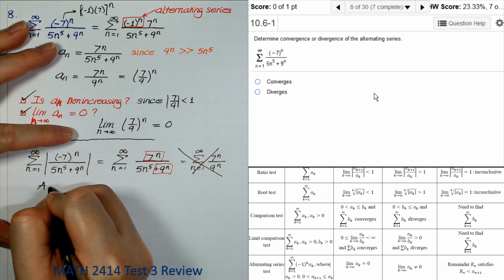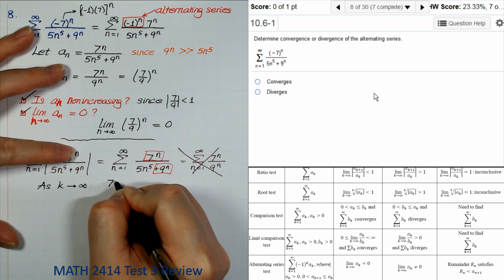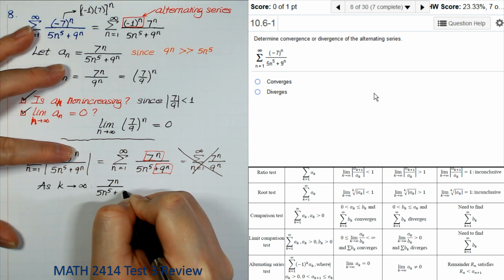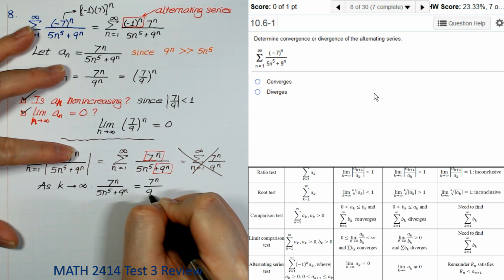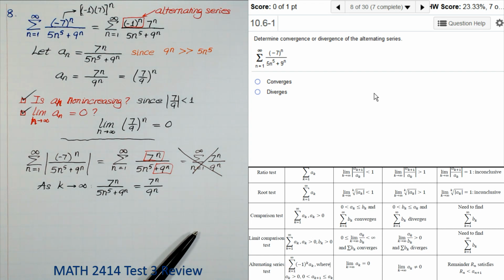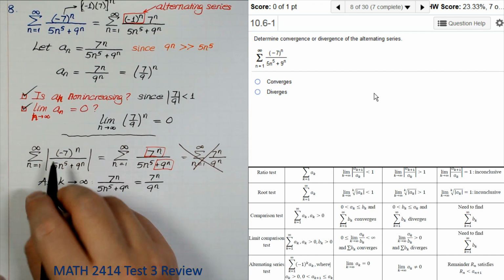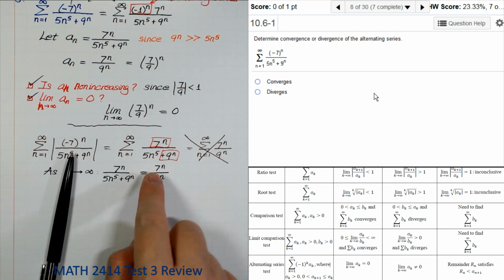So we take the highest ranking on the top and the highest ranking on the bottom. So the term will be equal to this when k goes to infinity or when n goes to infinity. And the series not equal to.